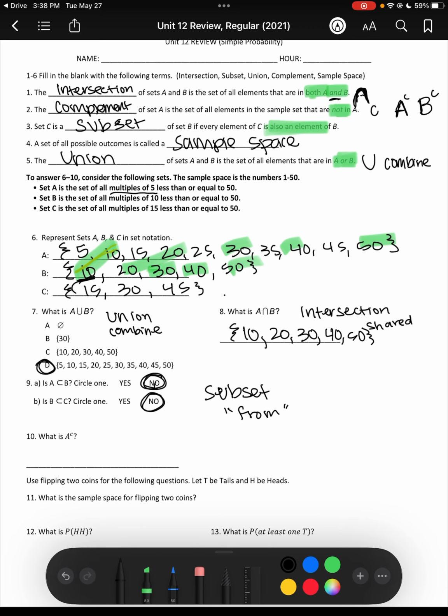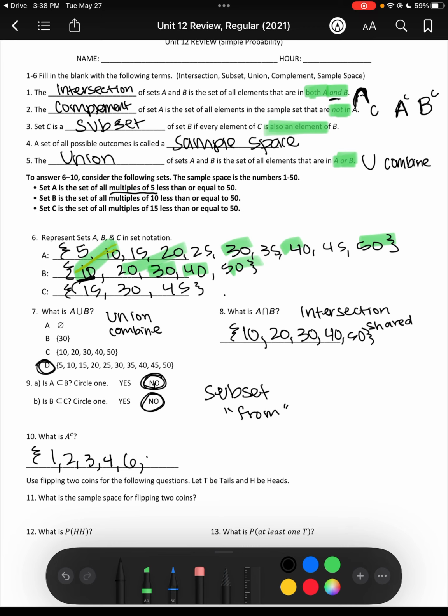Our next question is, what is A complement? So this would be everything that is not in A that is in the sample space. So we're talking all the numbers up to 50. So I would have 1, 2, 3, 4, but 5 is in A, so I'm not going to write that down.